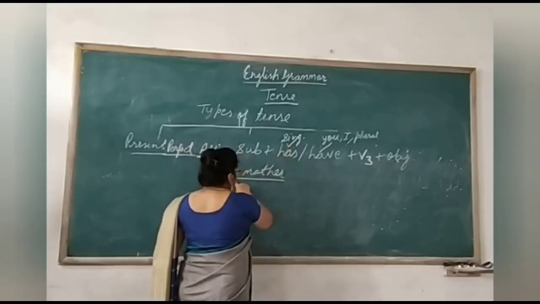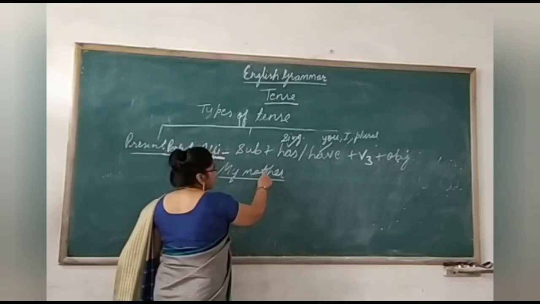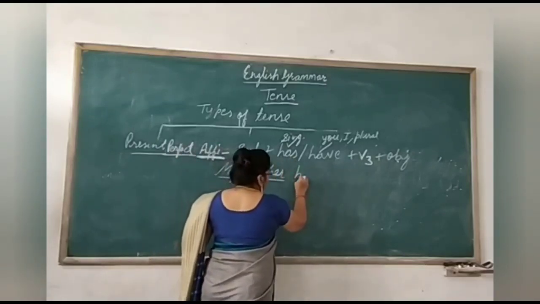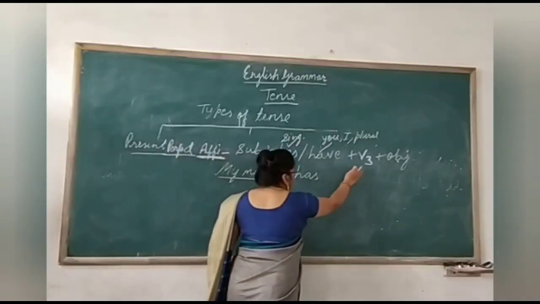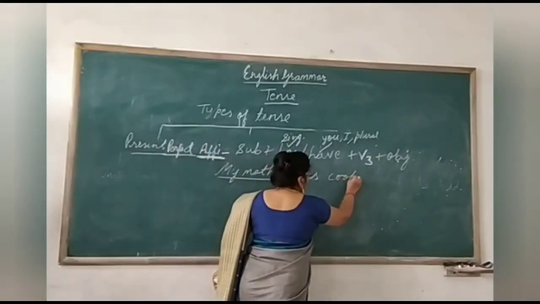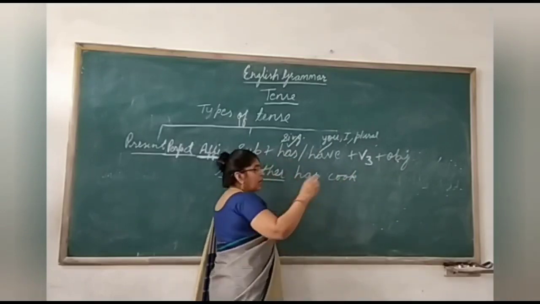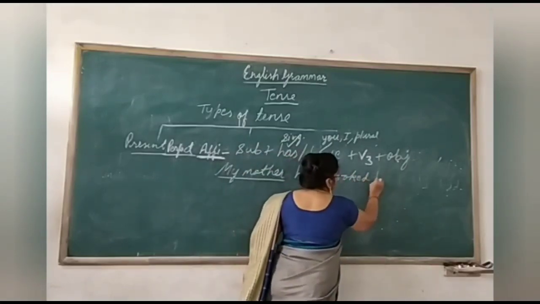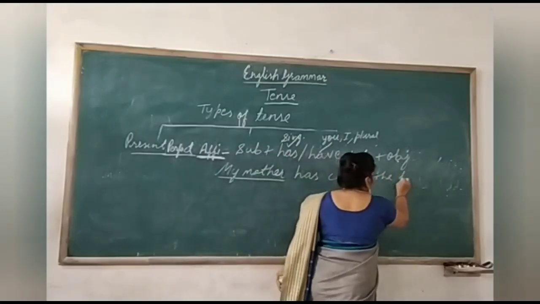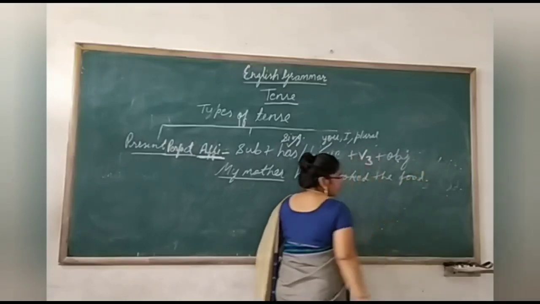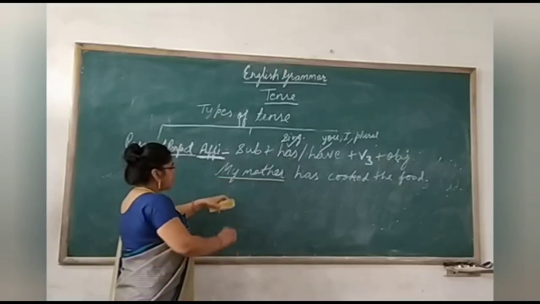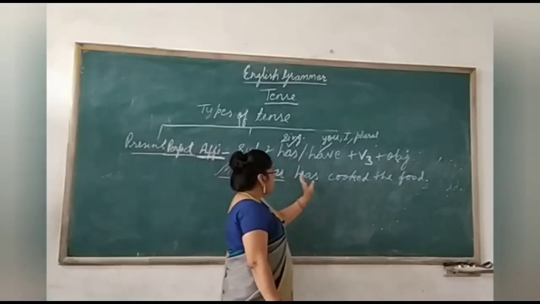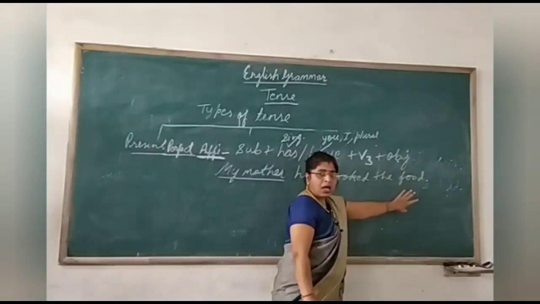With a singular subject, has will be used. So let us use has here. My mother. Verb, I have taken here cook. Cook will be in third form, cooked, the food. Got it? So the sentence is, my mother has cooked the food.